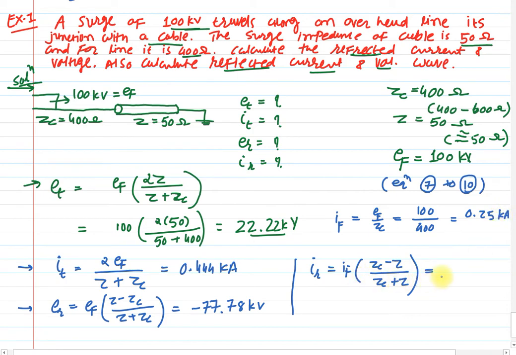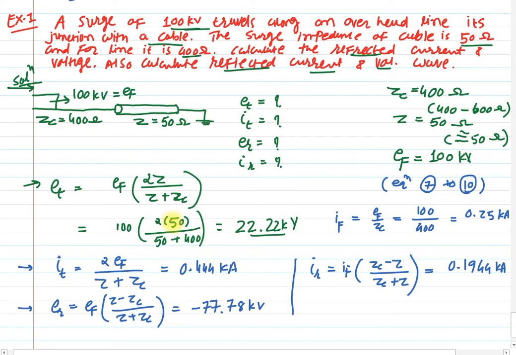Clear? So if you substitute the value of IF, ZC and Z, you will get IR is equal to 0.1944 kiloampere. Clear? So I hope you have cleared the example.